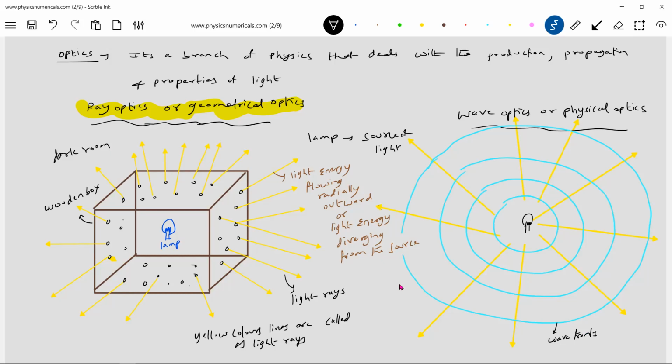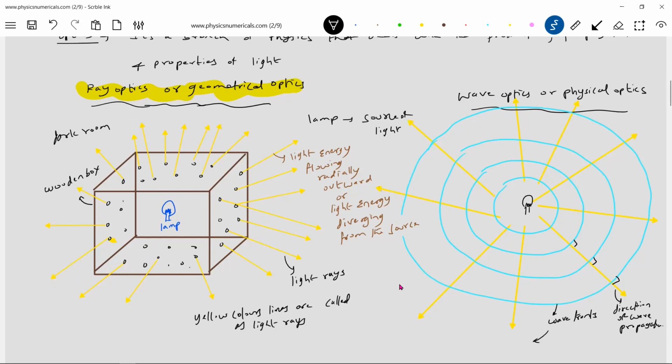What is this? This blue color, spherical wavefronts, or shells. And the yellow color arrows indicate the direction of wave propagation, which is always perpendicular to the wavefront. So what are these wavefronts? A wavefront is a plane in which all points have the same phase. Further we'll define what we mean by wavefront.